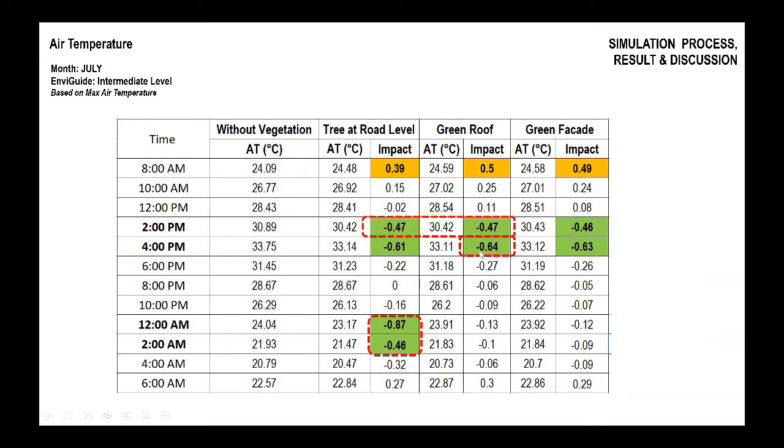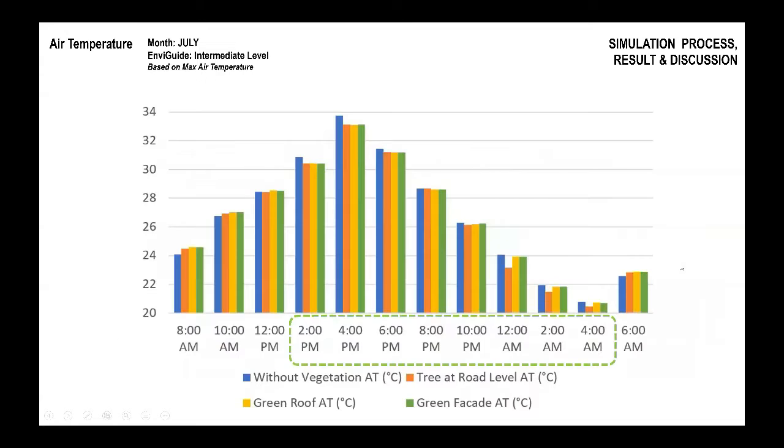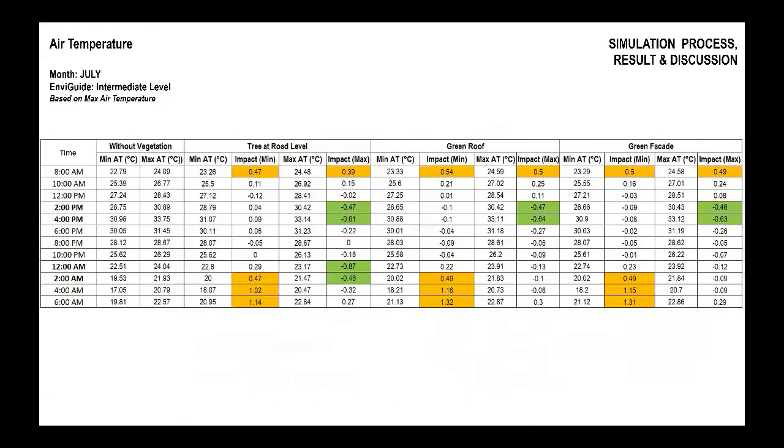And for 4 p.m., green roof is most effective, and at 12 and 2 a.m., the plants at road level are working the best. So this is a very interesting finding of the research: if we compare without vegetation and with vegetation from 2 to 4, we are having much lower air temperature, which is effective to reduce the air temperature.